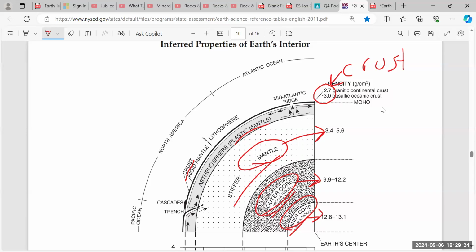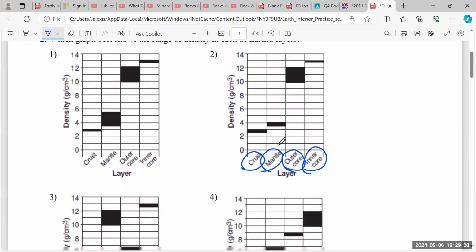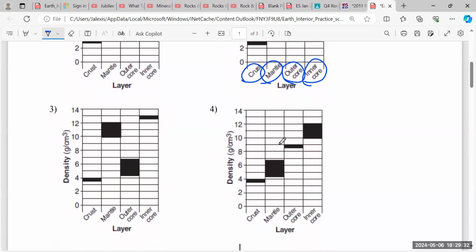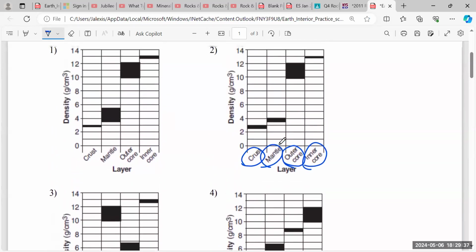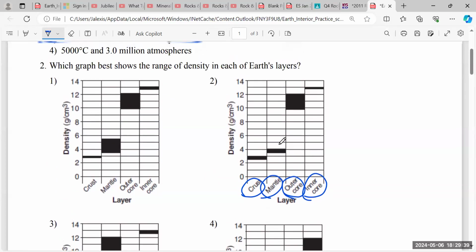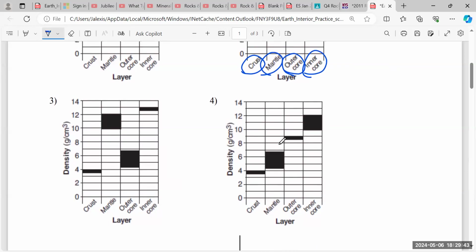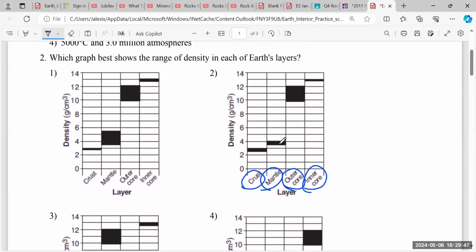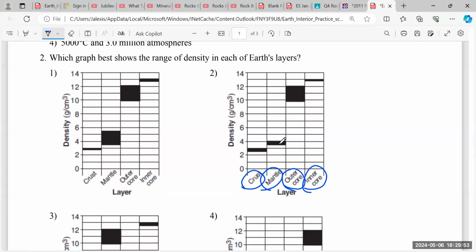So now I'm going to look here and scroll to see which of the shaded numbers match what I have labeled. Right off the jump, I'm already seeing some issues with the mantle. Didn't we say that the mantle was 3.4 to 5.6?